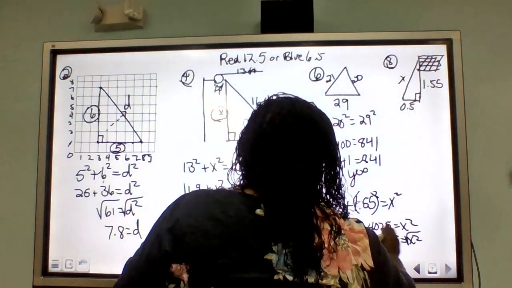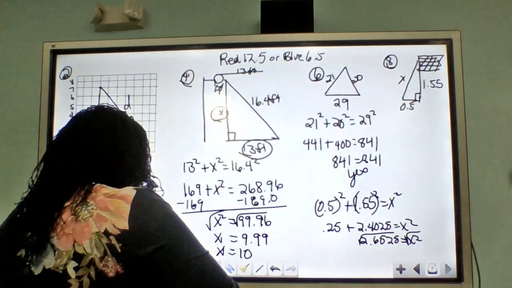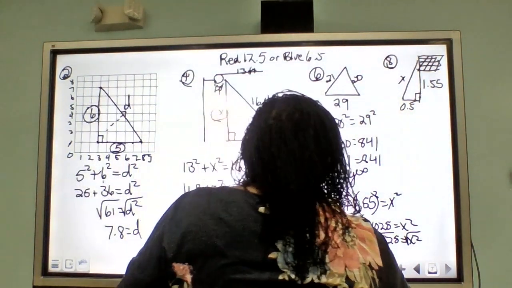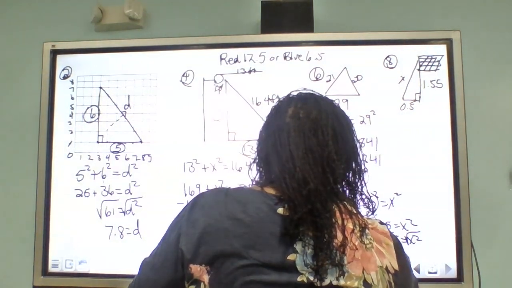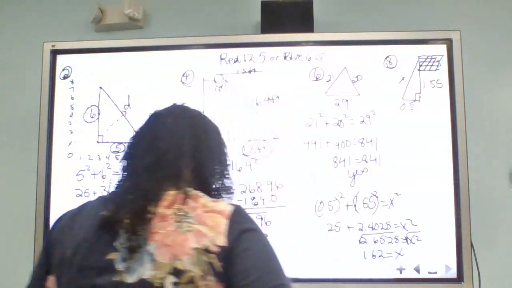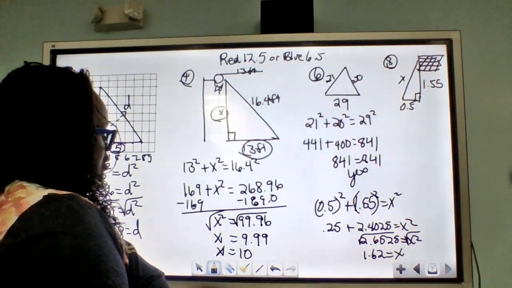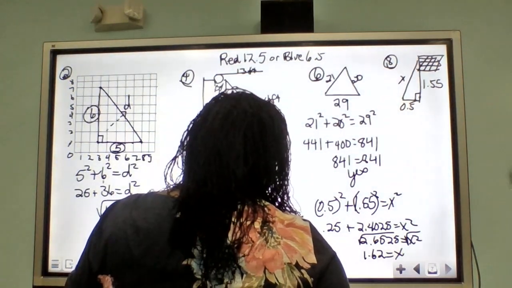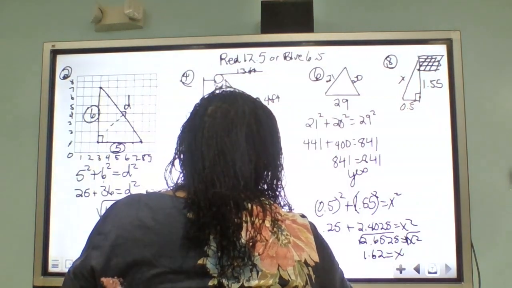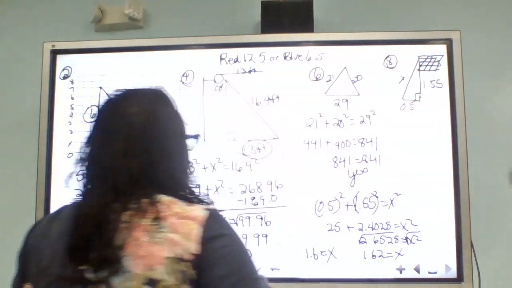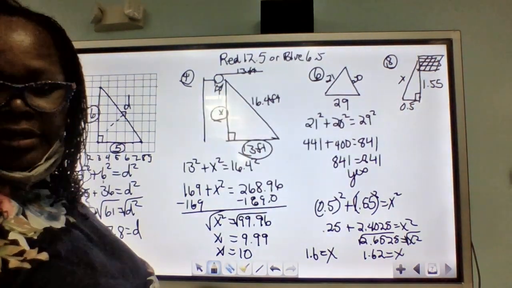Get the square root of both sides, and we have 1.62 is the approximate measurement of x. So we would just say 1.6 rounding to the nearest tenth. So 1.6 equals x. And that's your lesson.